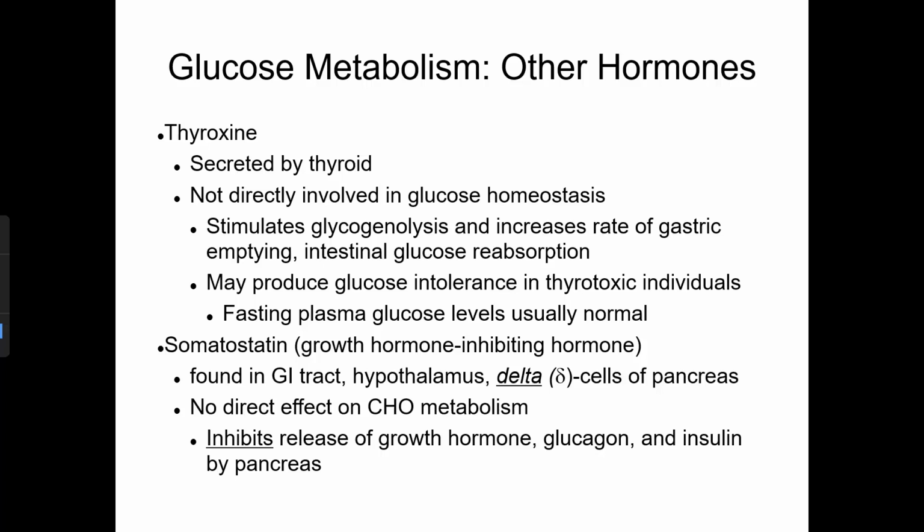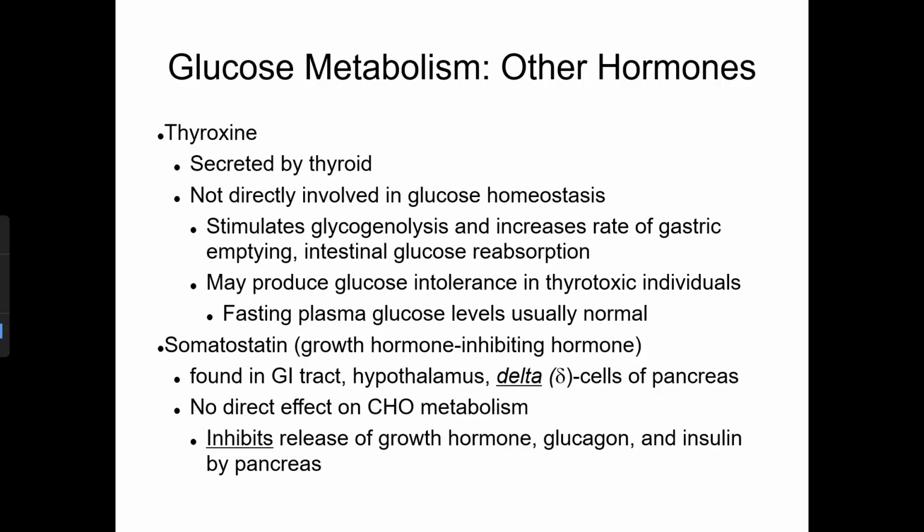So thyroxine is the tetraiodothyronine or T4 hormone of the thyroid hormones. It is secreted by the thyroid. It's not directly involved in glucose homeostasis, but it stimulates glycogenolysis and increases the rate of gastric emptying and intestinal glucose reabsorption. It may produce glucose intolerance in thyrotoxic individuals. Fasting plasma glucose levels are usually normal.